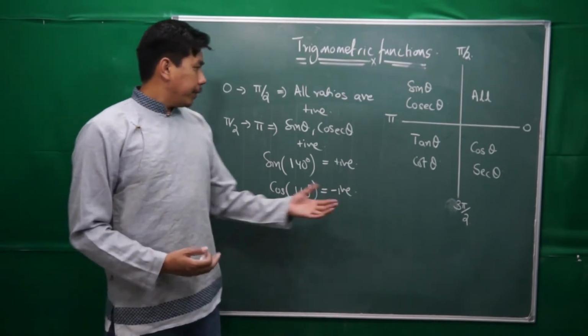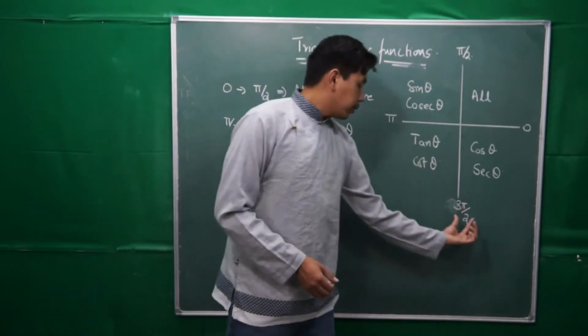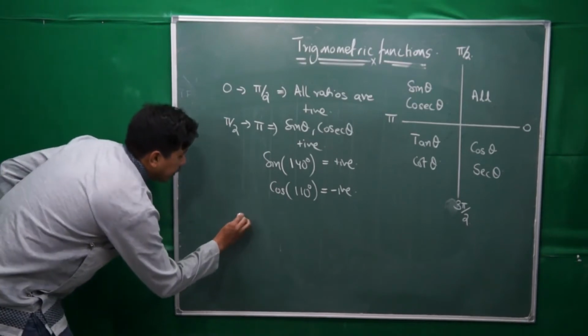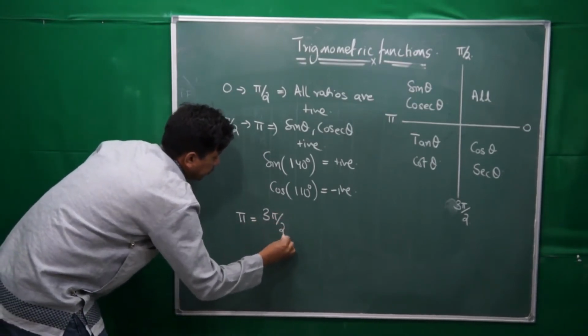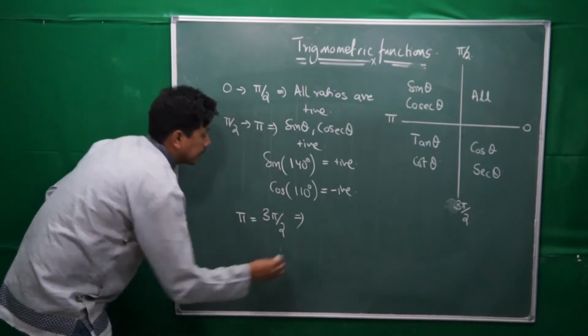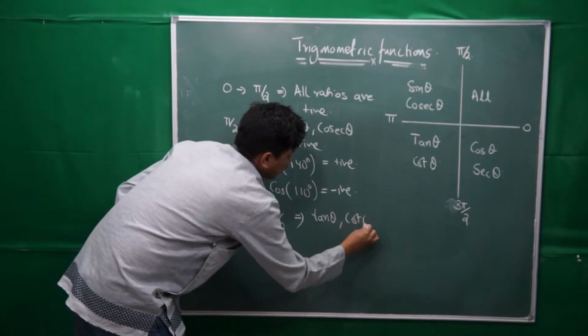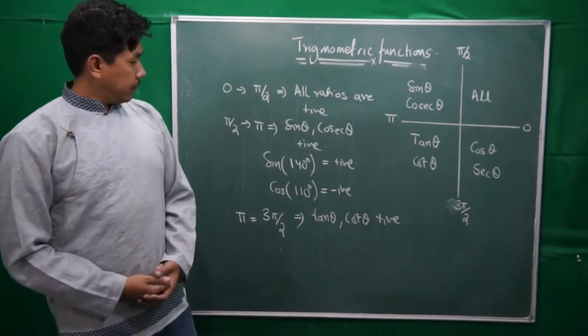So moving further, we have between 180 degrees and 3 pi by 2, which is 270 degrees. From 180 degrees to 3 pi by 2, we have tan theta and cot theta positive. Clear?